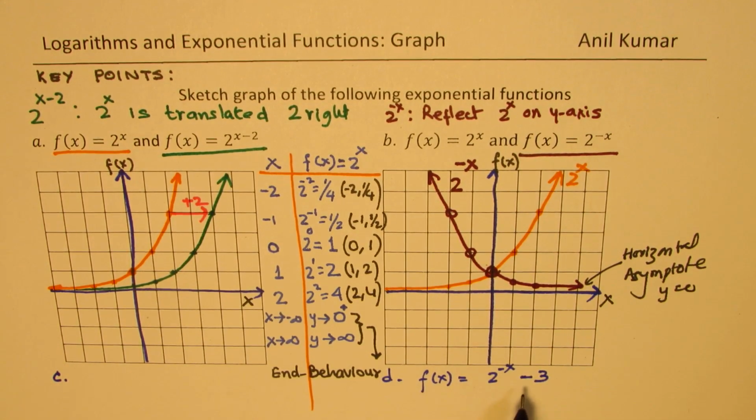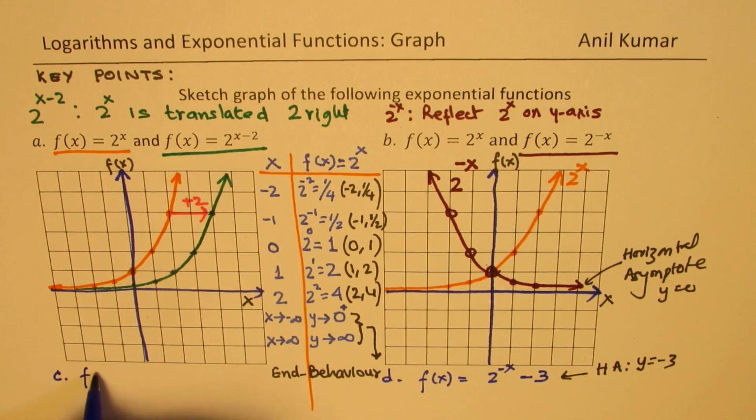But when we translate it up and down, the horizontal asymptote will change, right? So this will have a horizontal asymptote, which is going to be y equals minus 3. So try to sketch this graph, and you can also try sketching a graph for the function. Let me vertically stretch this also.